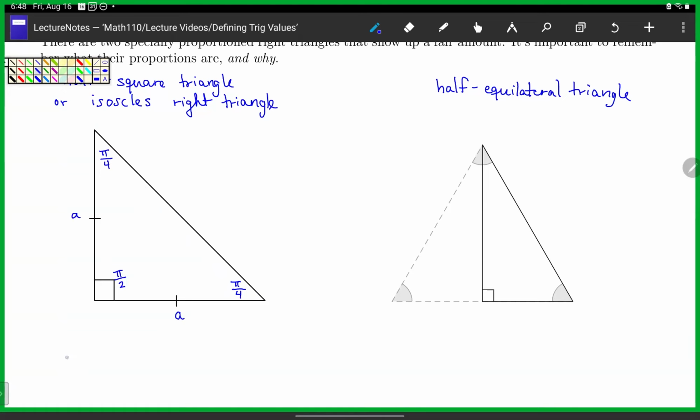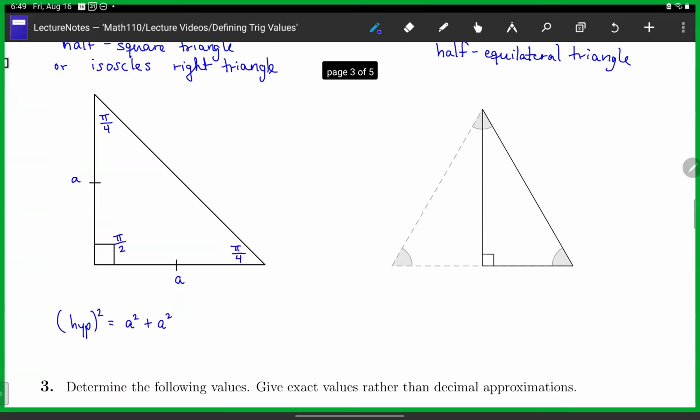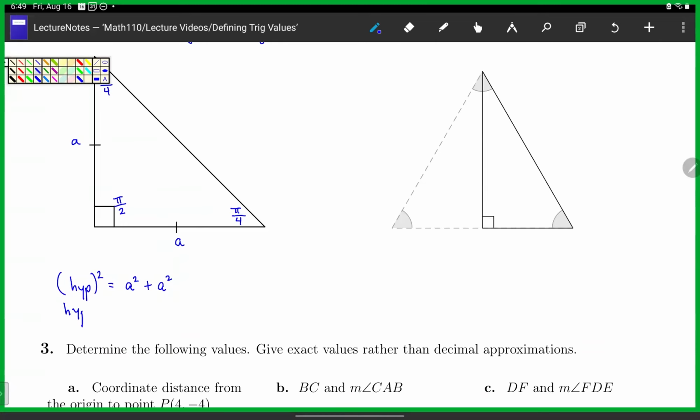Then we can use the Pythagorean theorem to say that the hypotenuse squared is equal to a squared plus a squared. So that tells us that the hypotenuse squared is 2 times a squared.